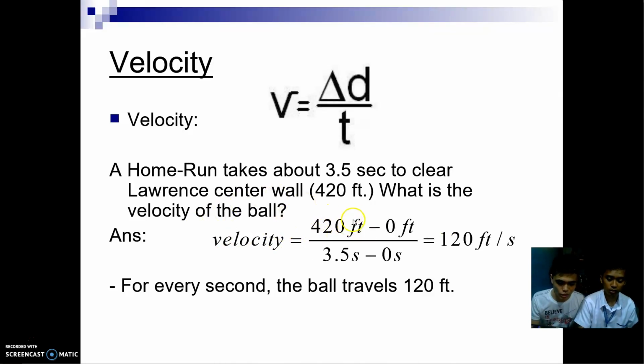First, you substitute the numbers into the formula. So 420 divided by 3.5 seconds, then this will be the answer. So for every second the ball travels 120 feet.